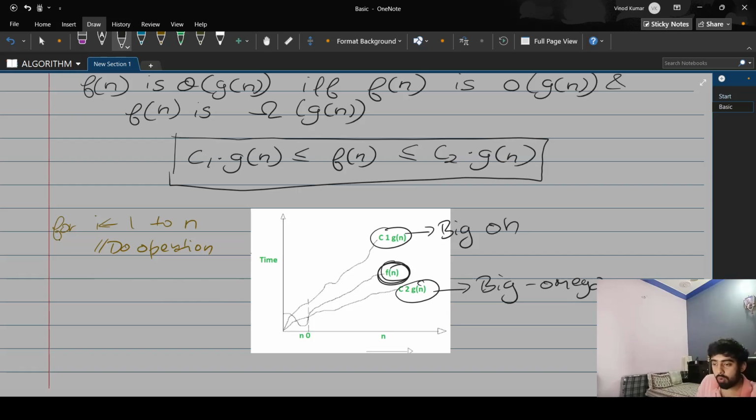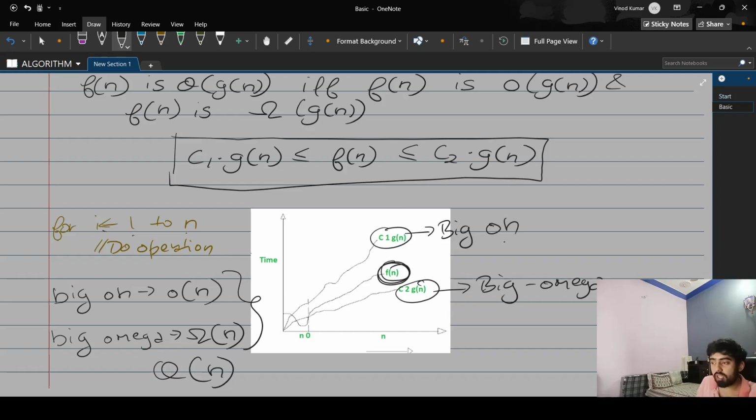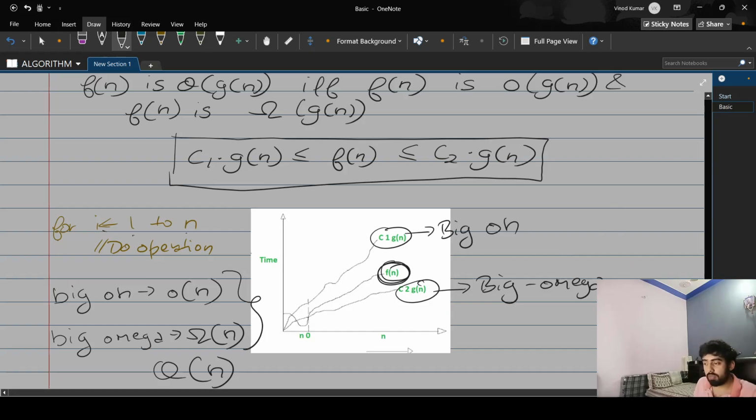For example, a for loop running from 1 to n. Here the big O of the function is n, and big omega of this will also be n. So with this, theta is also n. So these are the big omega, big O, and big theta notations that are used in algorithms.